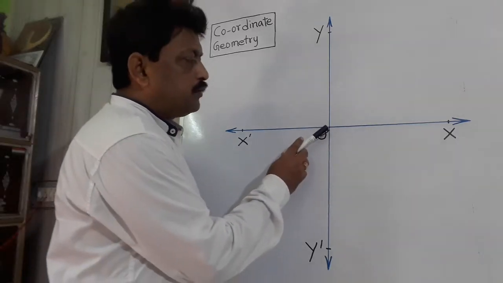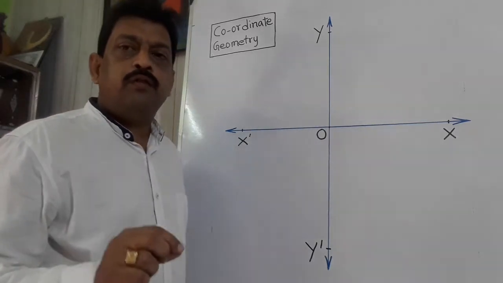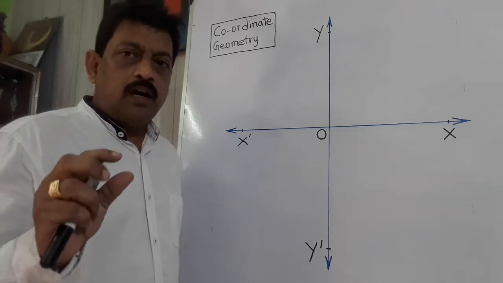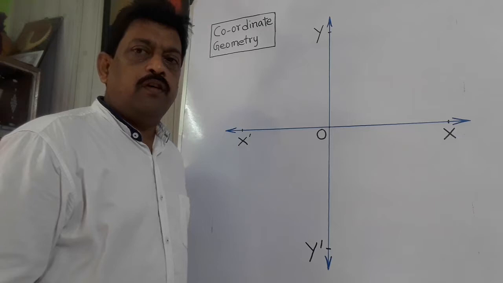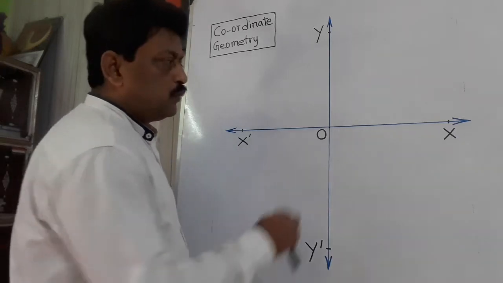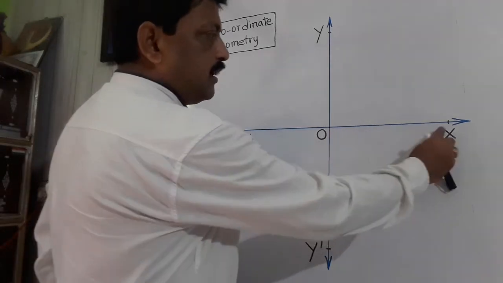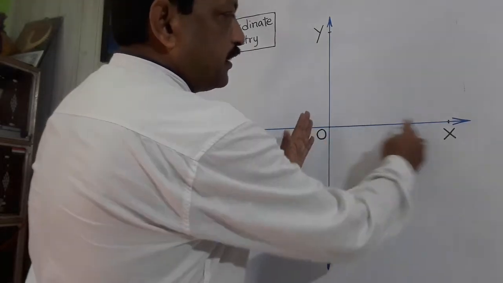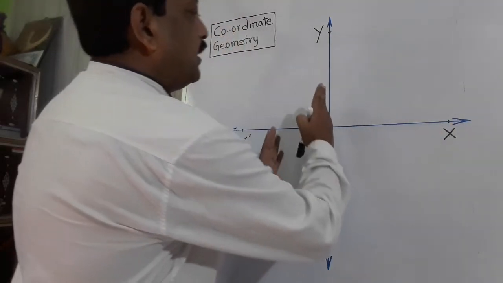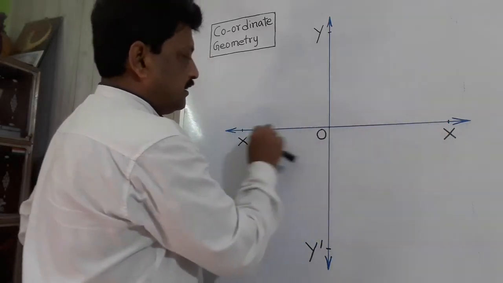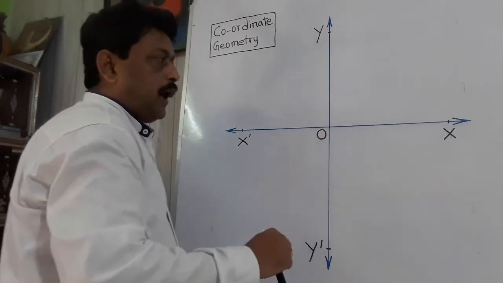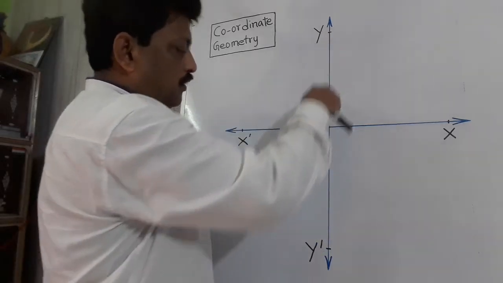We have to start from the origin. Whenever we are going to locate a particular point, we have to start from the origin always. First, we have to move along the x-axis, either to the right of the y-axis or to the left of the y-axis, and then we have to move along the y-axis.